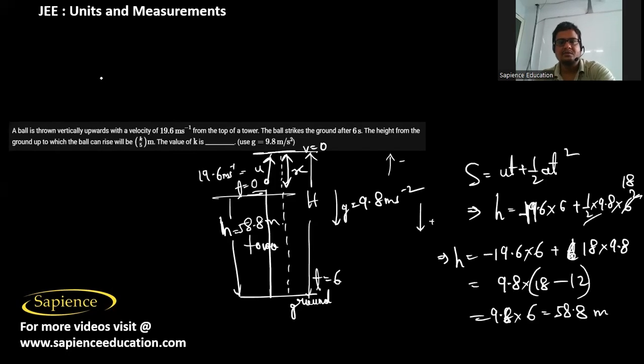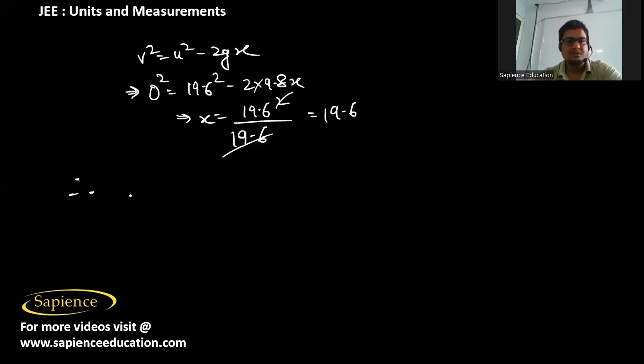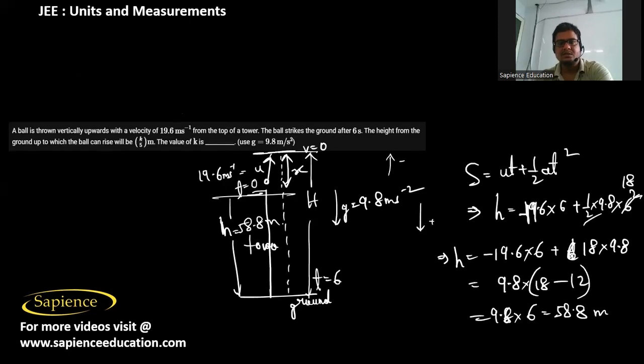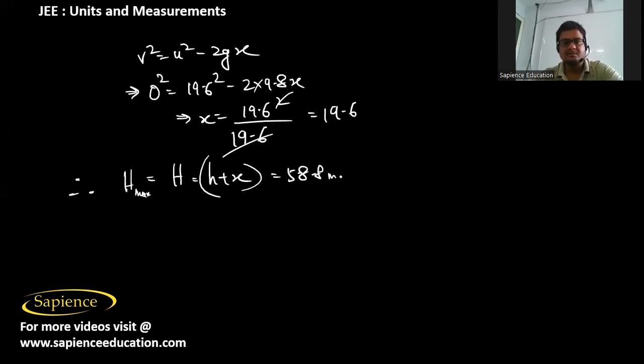Therefore, the maximum height from the ground up to which the ball can rise, that will be equal to h plus x actually. h we have already found, 58.8 meter plus 19.6 meters, which will be equal to 78.4 meters, which is equal to k by 5.